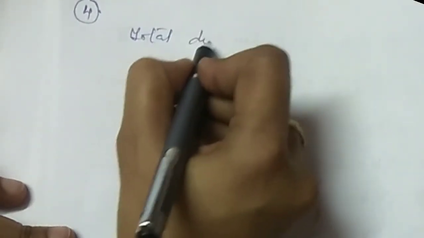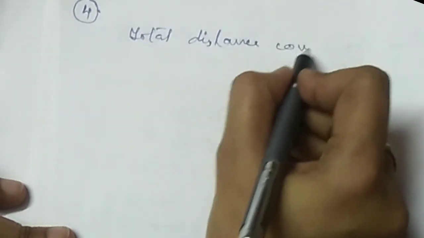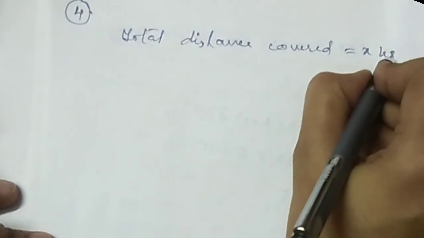For the first kilometer, it is 8 rupees, and for the subsequent distances it is 5 rupees. So taking the distance covered as x kilometers, it is already given that the total distance covered is equal to x kilometers.